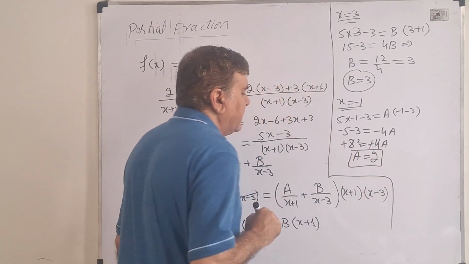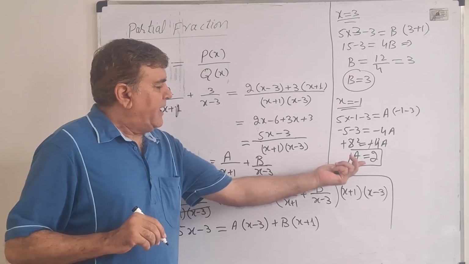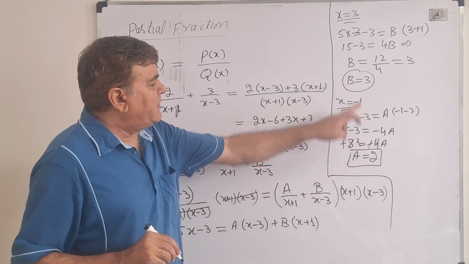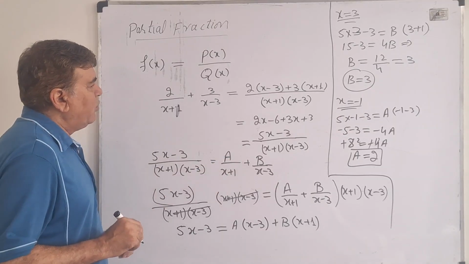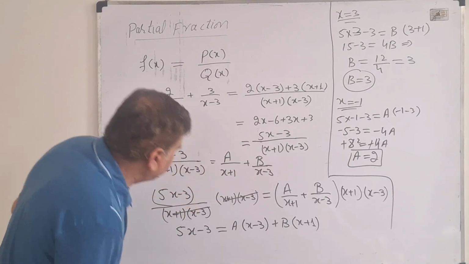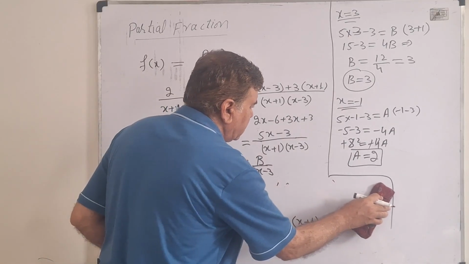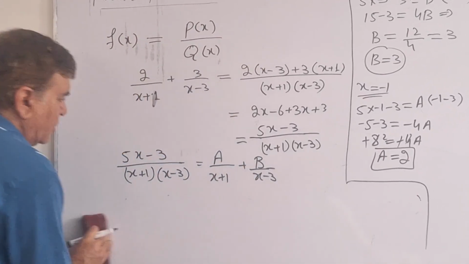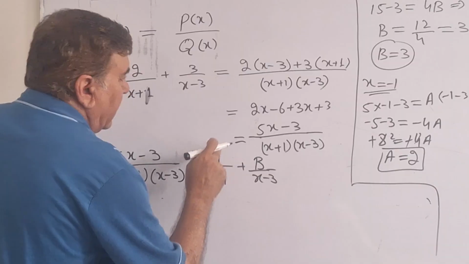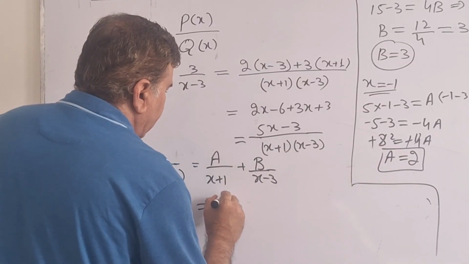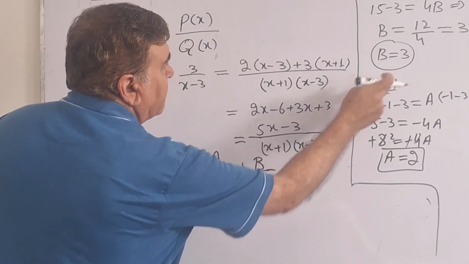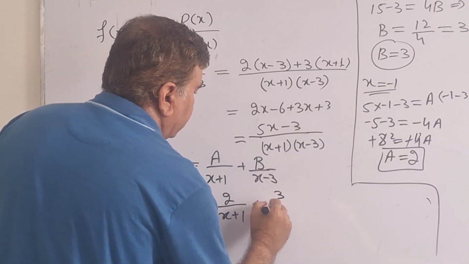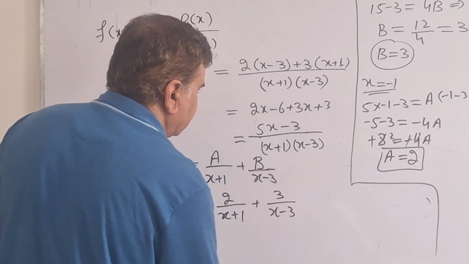Now if I replace b equal to 3 and a equal to 2 in this equation, I get, let me remove this now, I don't need this. So I put a equals 2, I get 2 divided by x plus 1 plus 3 divided by x minus 3.